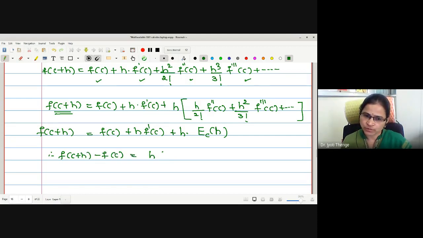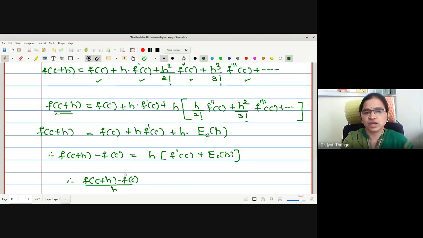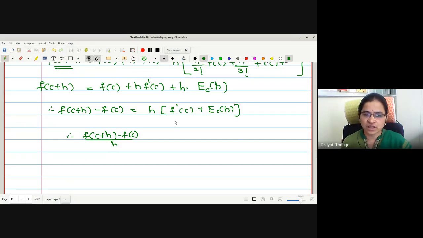Then f of c plus h minus f of c divided by h. And what is this error then? Let me subtract f dash of c from both the sides, and this is my error value.